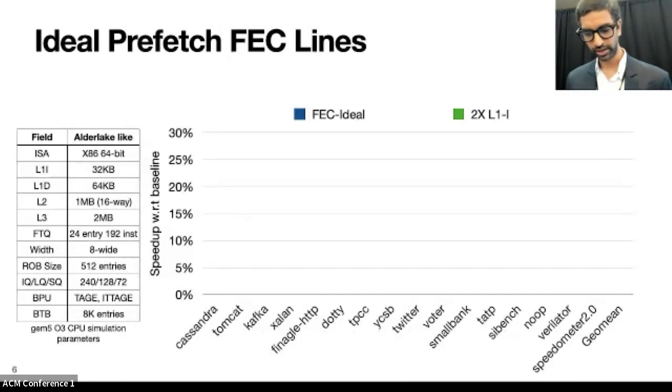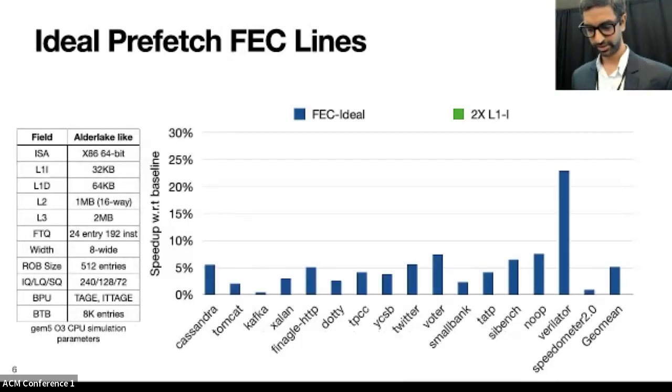Here we look at a configuration called FEC ideal. In this case, you pay the cost of the FEC line first. You need to identify a line first, and then you mark it in the L2 cache. When you see the same line a second time, we prefetch as if it is coming from L1, paying no extra penalty. We show FEC ideal gives you 5% geomean speedup.